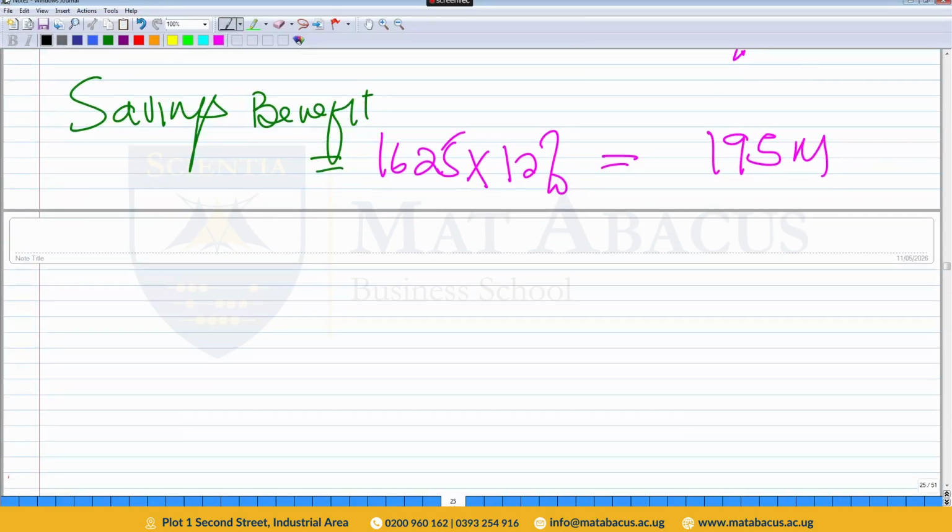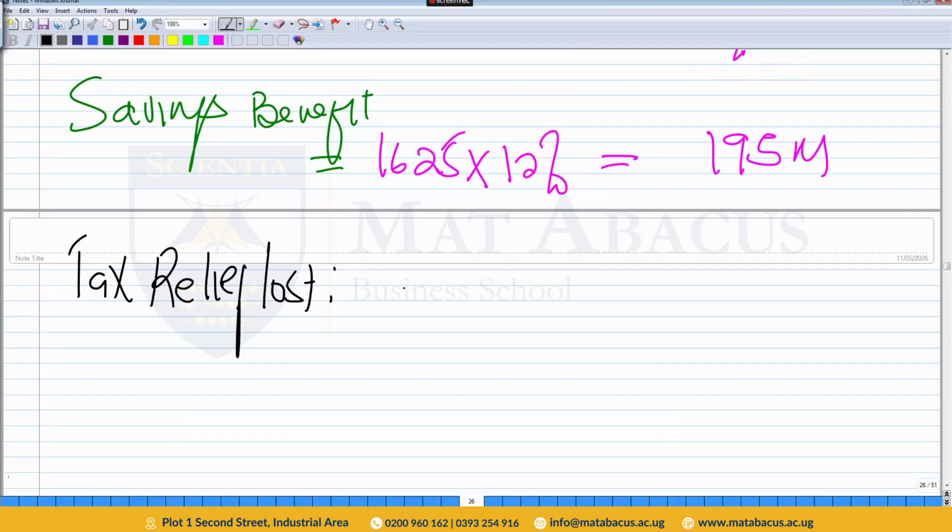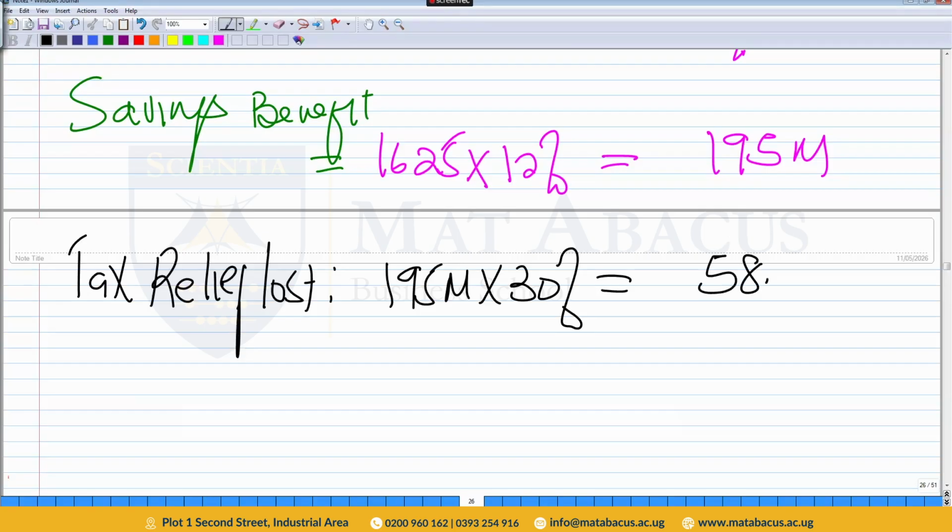But ladies and gentlemen, I also suffer from a tax relief. So you write tax relief lost. The tax relief lost is going to be the benefit you got. You lost 30% as a result of that benefit. And therefore, tax relief lost, I will get 195 times 0.3. I will get 58.5.